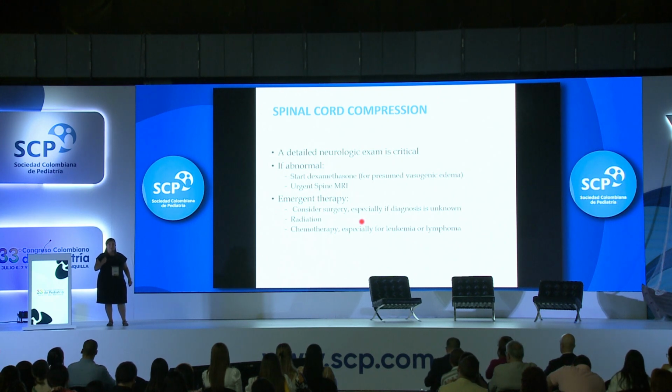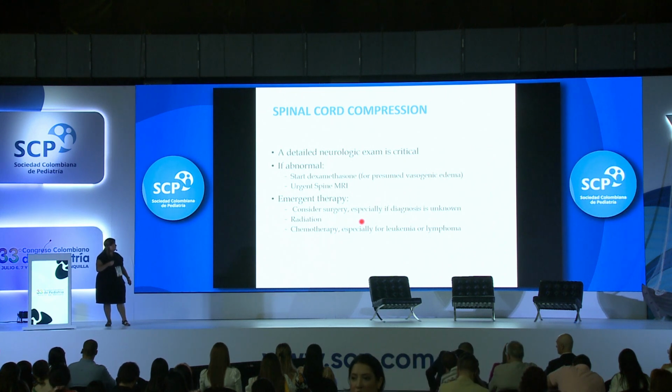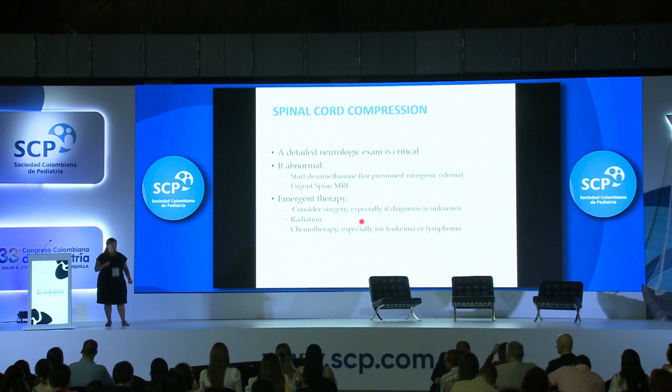Surgery is often considered, especially if the diagnosis is unknown, and especially if surgery is deemed to be safe enough or diagnostic based on the location of the tumor. Radiation is another consideration depending on the type of tumor you're most worried about. And then chemotherapy for any type of chemotherapy-sensitive tumors. And this is especially true if we're worried about leukemia or lymphoma.